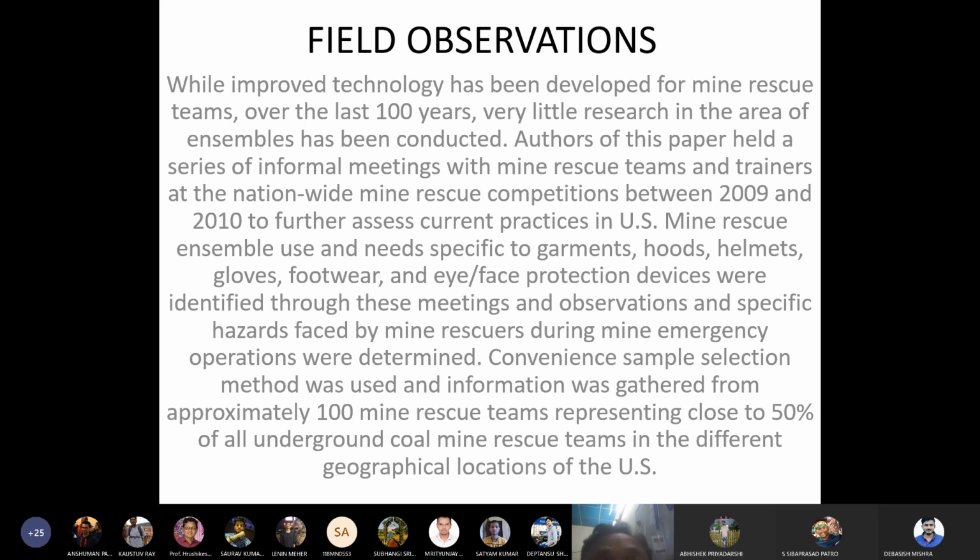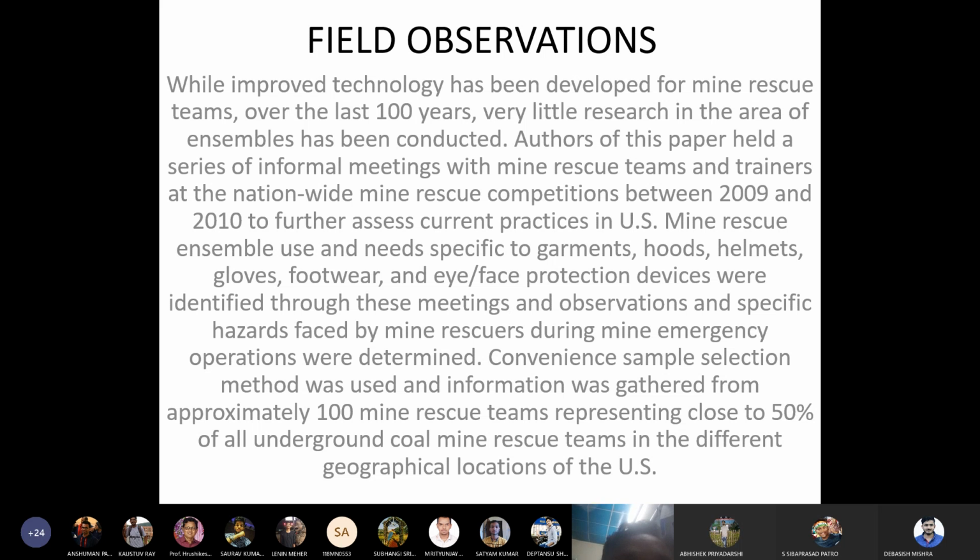While the team members carry out rescue operations, what problems do they face while wearing the garments, hoods, helmets, hand gloves, footwear, and eye and face protection devices? These field observations were noted down and corrective measures are suggested.